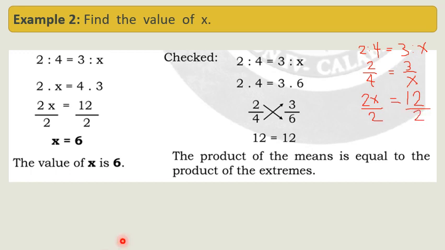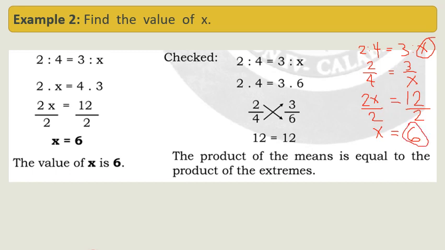Ang 2 divided by 2 is 1, so 1x na lang siya, isang x na lang siya. Tapos, sa kabila, ano ang 12 divided by 2? Siya ay 6. Ibig sabihin, ang nawawalang x dito ay 6.